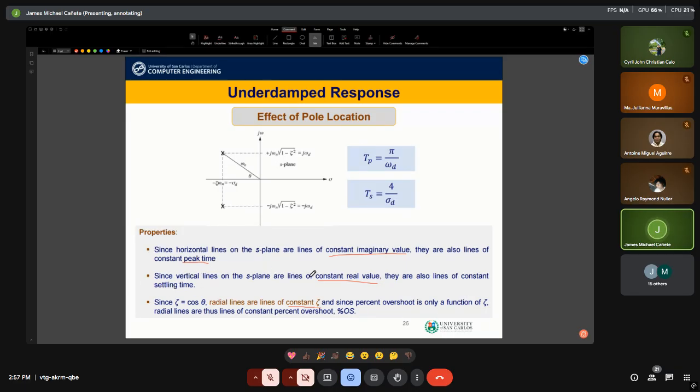Conversely, if you have a constant real value, that is, you are moving up and down, the settling time will always be the same, no matter if you move up or down. Lastly, if you move away from the origin along a constant angle, you have the same percent overshoot. Every other time specification will be different, but percent overshoot will be the same.